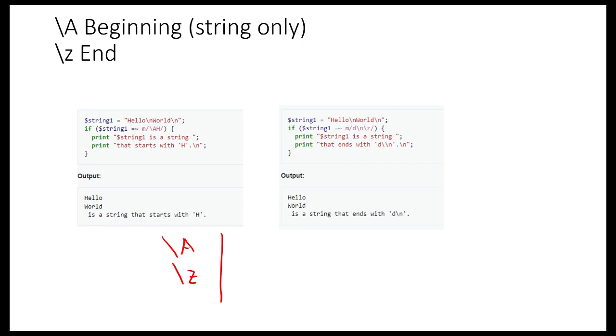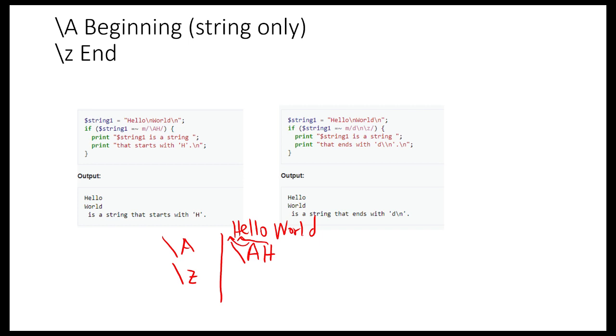So slash A and hello world and H. So we're looking, is this the start of the string? Yes, it is. It also happens to be the start of the line. Now, if it wasn't the start of the line, it would still match.